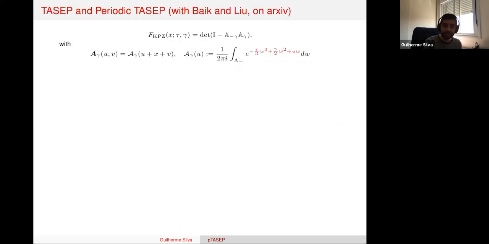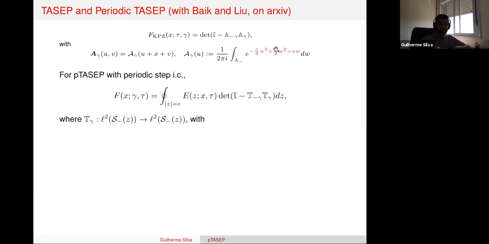Why? Let's now move to the periodic TASEP and see what happens over there. So here I just copy and pasted the first representation that I showed to you, which is when you dress up the one-point distribution of the classical TASEP with all the parameters x, tau, and gamma, when you get this sort of shifted Airy-like function.